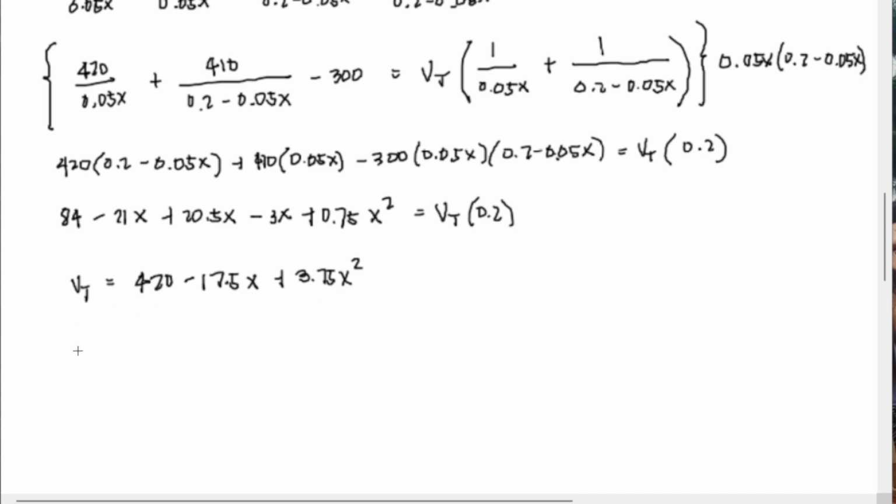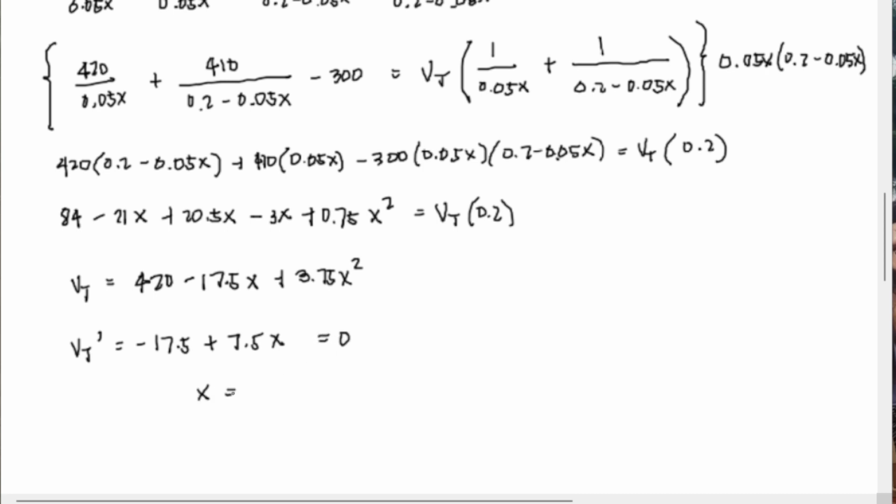Okay, so minimize natin yung VT. To minimize VT, set V prime to 0. But first, derive na natin. Negative 17.5 plus 7.5x, then equate to 0, then solve for x.